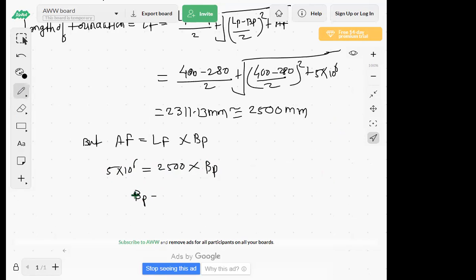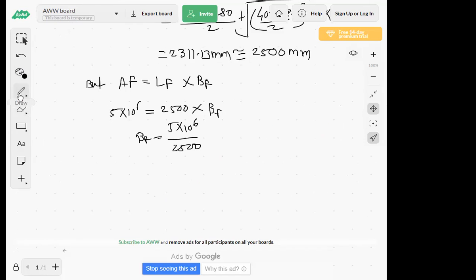So width of foundation, this PF is equal to, so tell me the answer, 5 into 10⁻⁶ divided by 2500. 2000 exact.